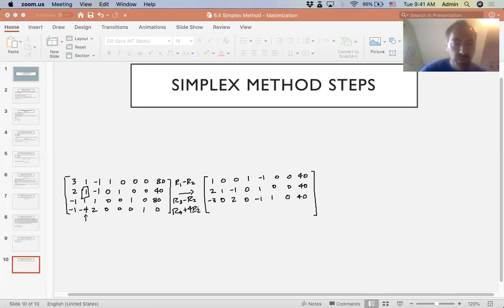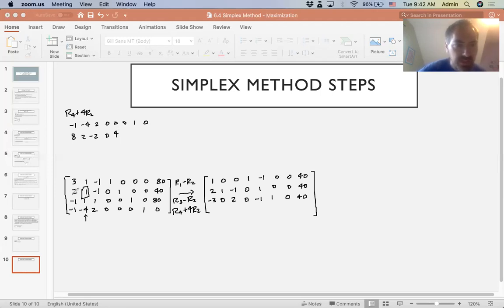All right, then R4 plus 4 R2. I might write this one out, a little bit more work involved. So R4 is negative 1, negative 4, 2, 0, 0, 0, 1, 0. And 4 times row 2: let me back up here.